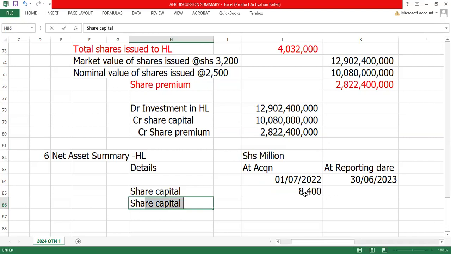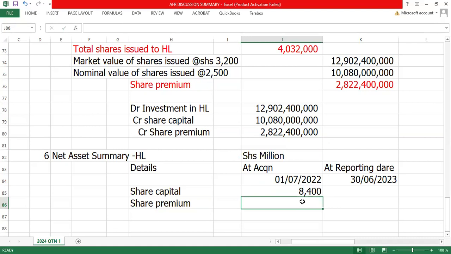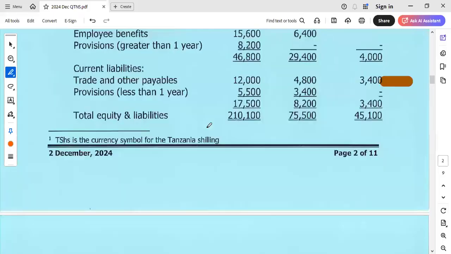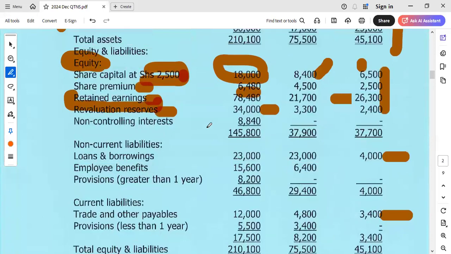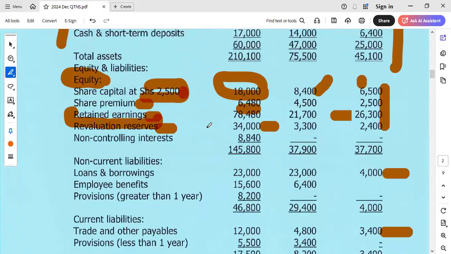Then share premium. It is 6,480? From where? Share premium for HL, it's 4,500. We are copying these ones.